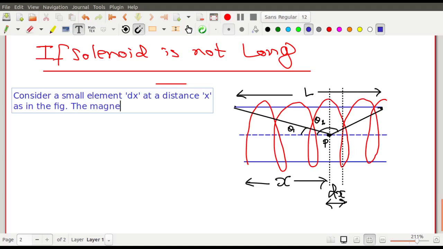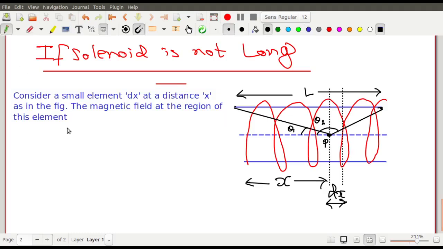The magnetic field at the region of this element, যে জায়গাটাতে আমি এলিমেন্টটা নিচ্ছি, will be how much? What is the magnetic field at the region of this element? এই জায়গায় ম্যাগনেটিক ফিল্ডটা কত হবে? So the magnetic field at this particular region will be B equals to, এখানে ম্যাগনেটিক ফিল্ডটা কত হবে?